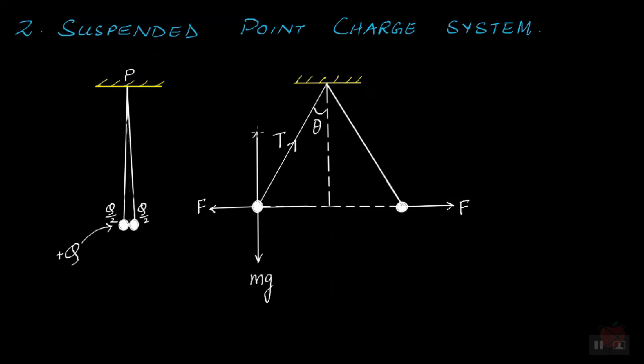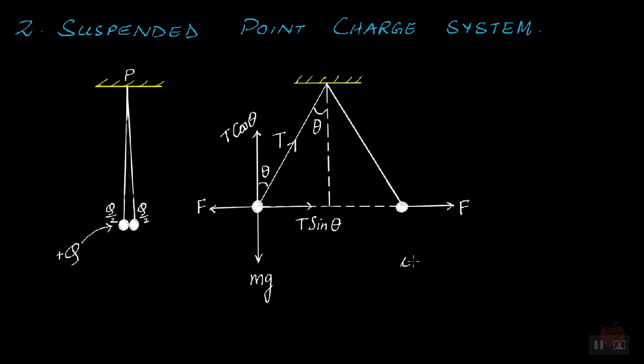This component makes an angle theta. I think this is very clear because this line and this line are parallel, so this angle and that angle are alternate angles. This component here is T cos theta. Another component in this direction is T sine theta.